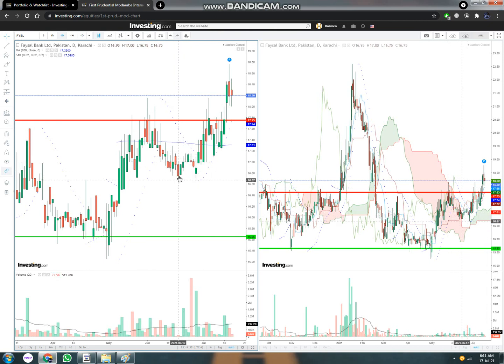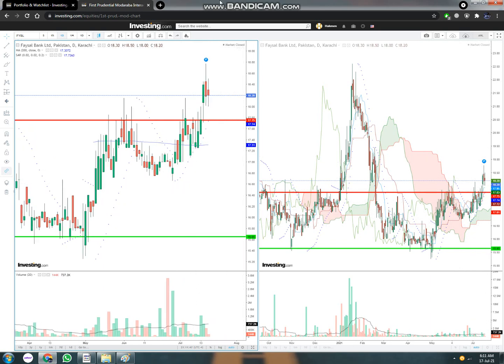From this point it will give you a greater position, a greater opportunity, and a greater entry point, and then the stock will increase in value and you can sell it for an even higher price. So that's the point right here: buying the stock at the lowest price and then selling it at a much higher price. This is the main theory that I'm trying to explain to you guys.